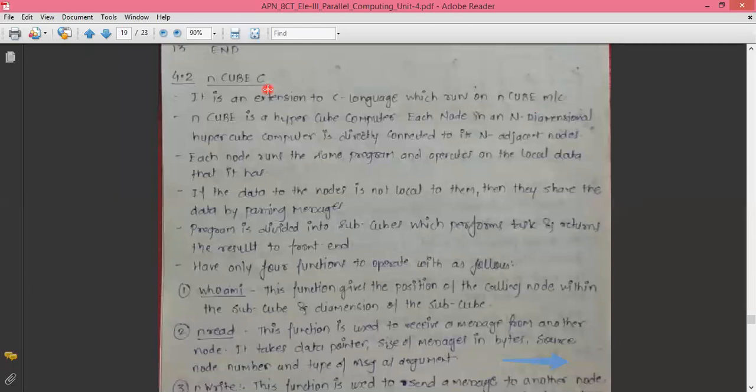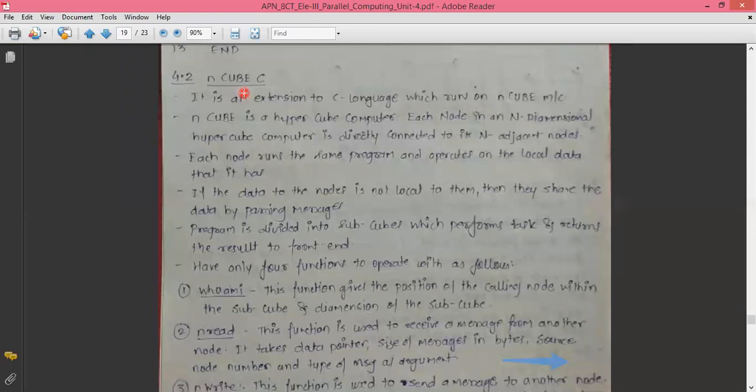So NCubC and C are 95% similar in their syntax. Some additional functions defined in NCubC make it a different programming language from C, but otherwise they are identical in nature.